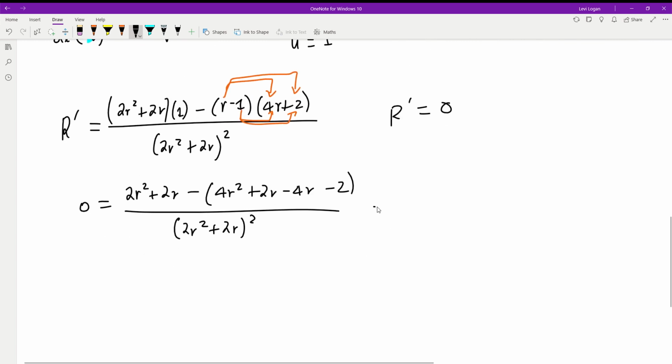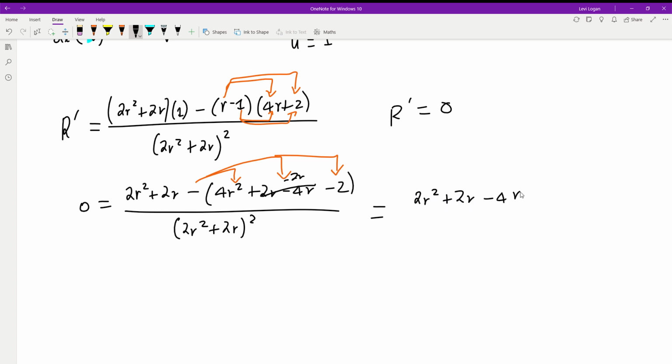So all I'm going to do is fix up the top really quick, distribute that negative sign to each of the components. So what we're going to get is 2 minus 4 is negative 2r. So we have 2r squared plus 2r minus 4r squared plus 2r plus 2, all on all this stuff here pretty much.